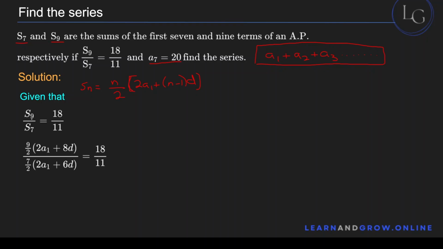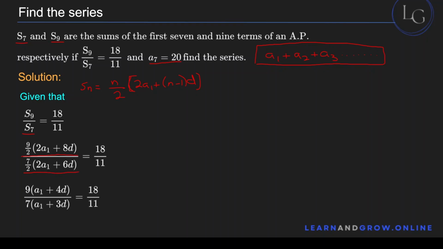So S9 will become 9 by 2 into 2a1 plus 9 minus 1 into d. 9 minus 1 will become 8. So that is what you did here. You replace S9 with this formula equivalent and replace S7 with its formula equivalent as well, which will be this.